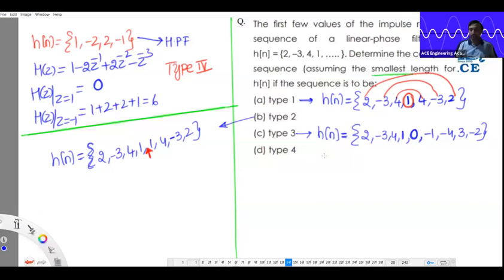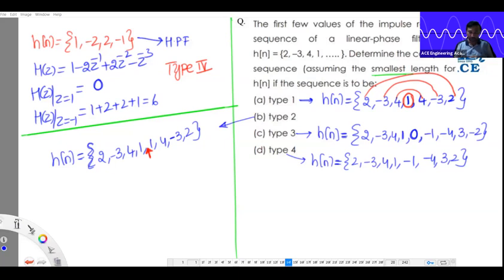Last question, the type 4 answer is without that 0, sir. Odd symmetry with an even number of samples means the type 3 answer without the 0 will be there. Good, most of you answered.